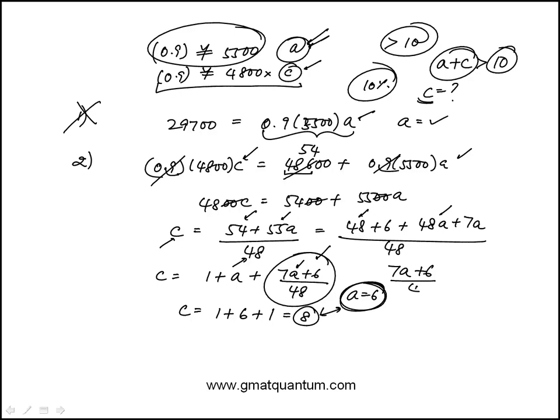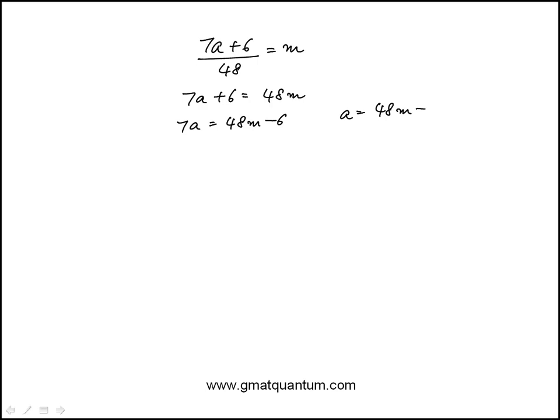So again, I'm going to call this an integer M. Let me just do it on the second page. 7A plus 6 over 48 is M. And 7A plus 6 is 48M. 7A is 48M minus 6. So I'm going to do that same procedure again, is to divide this by 7.